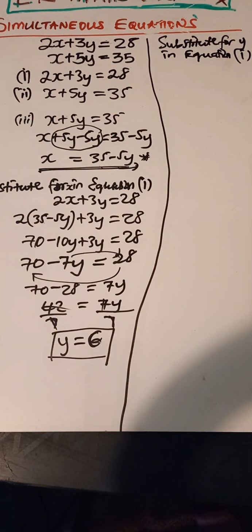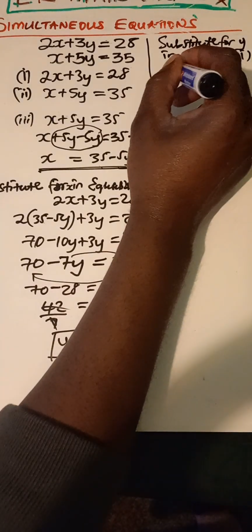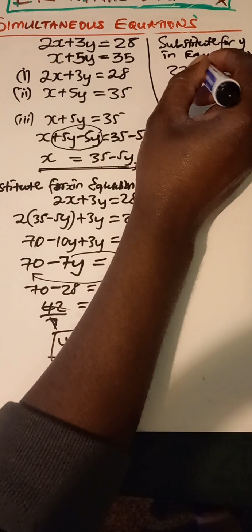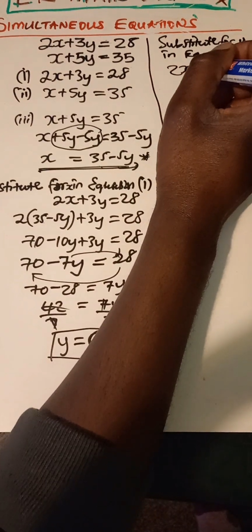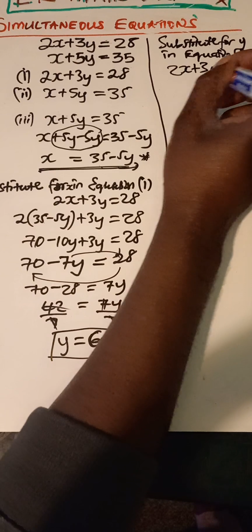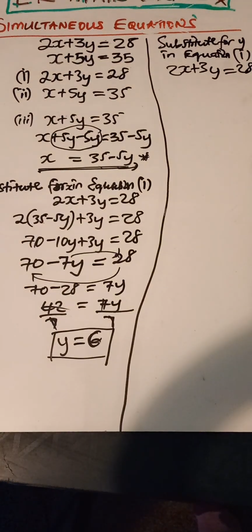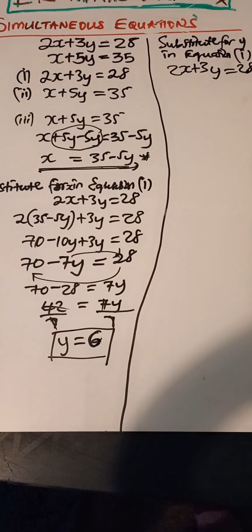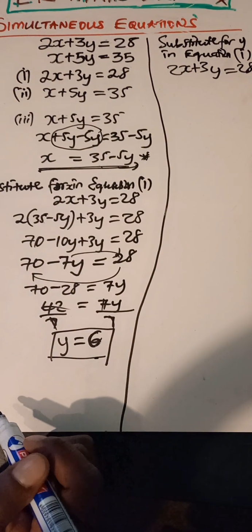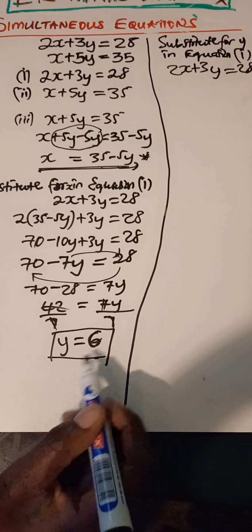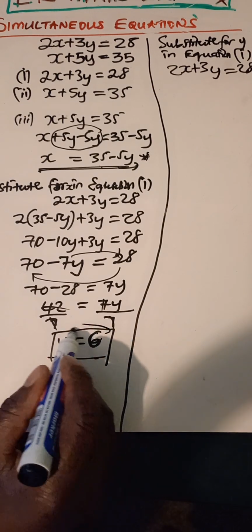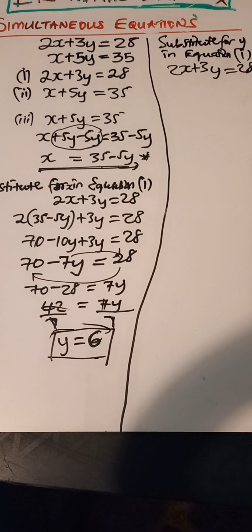What is equation 1 saying? Equation 1 is 2x plus 3y is equal to 28. Since we got the value of y already, it means wherever there is a y, we're going to substitute with a 6, because we've already found the value of y here, which we said is 6.